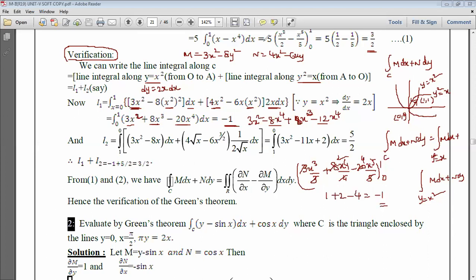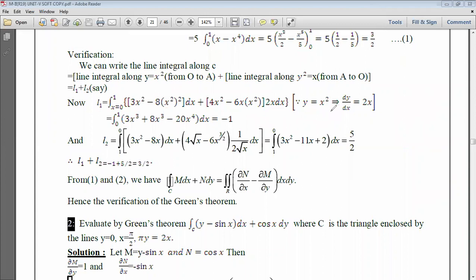Next we need to find the second curve, right? What about the second curve? Here it is having y square is equal to x. So y square is equal to x means, same like this 3x square, in place of y square I substituted x, and next 4 into x square as it is, and minus 6x into y.